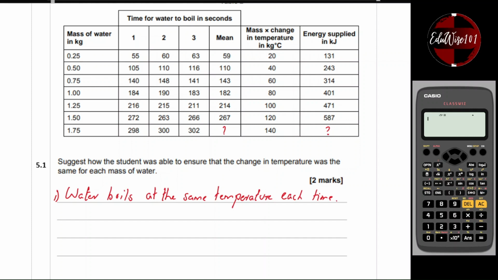That would be 100 degrees Celsius. Because you want to make sure that the change in temperature was the same, so the end temperature is going to be at 100 degrees Celsius because it's boiling at 100 degrees Celsius.